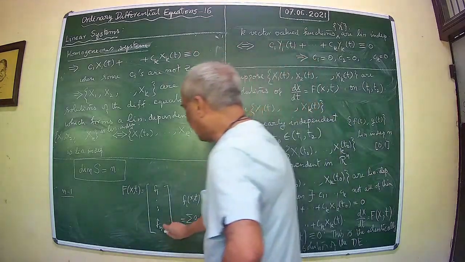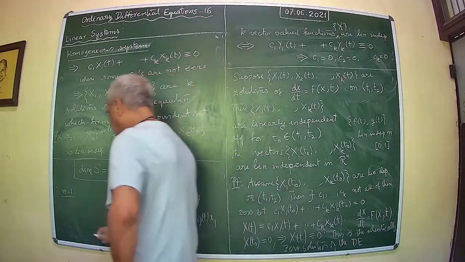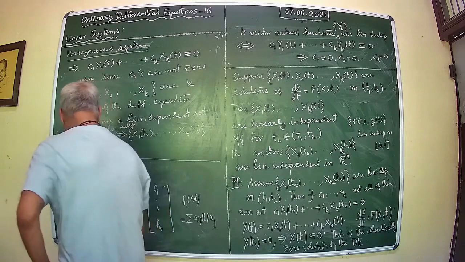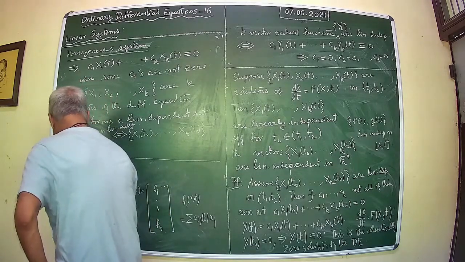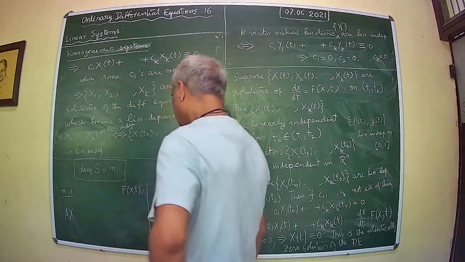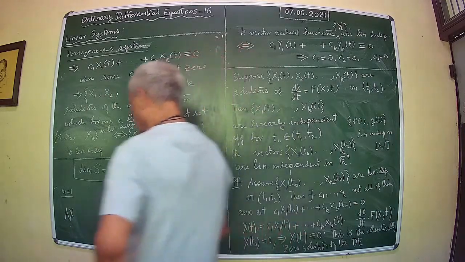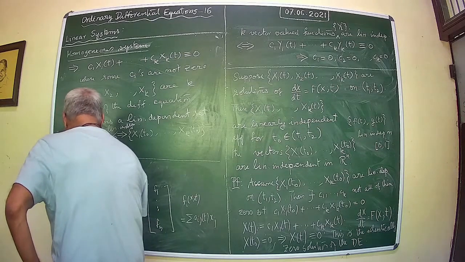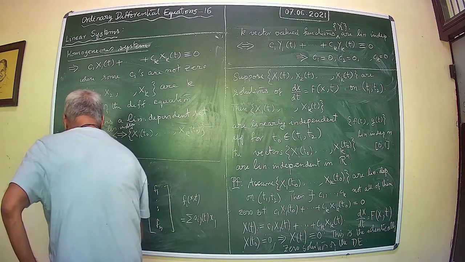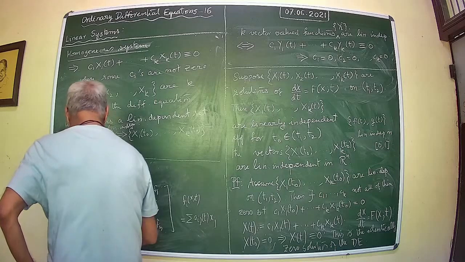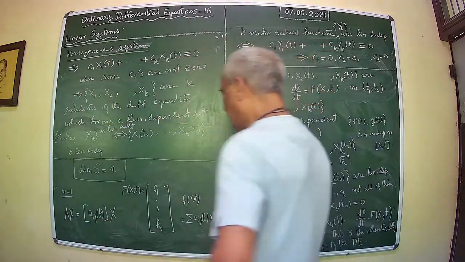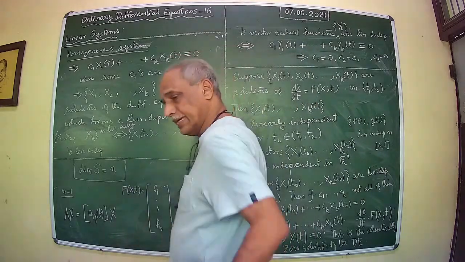Then I can rewrite this column vector as A x, where A is given by the matrix aij(t) acting over x.